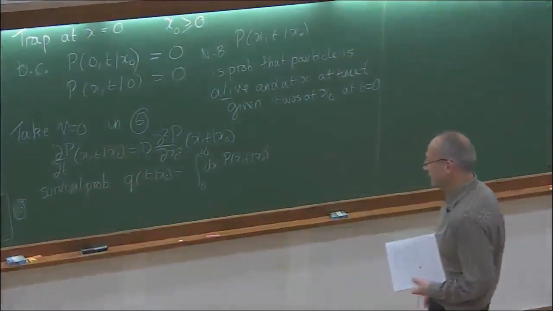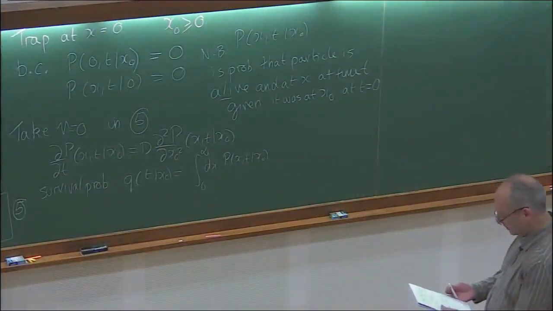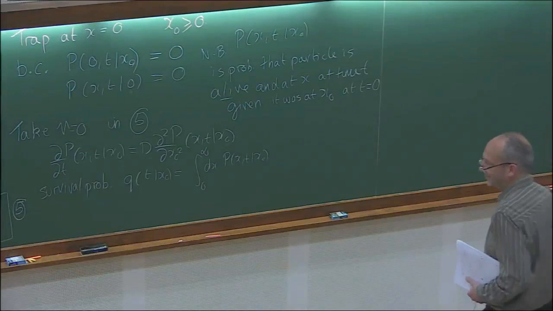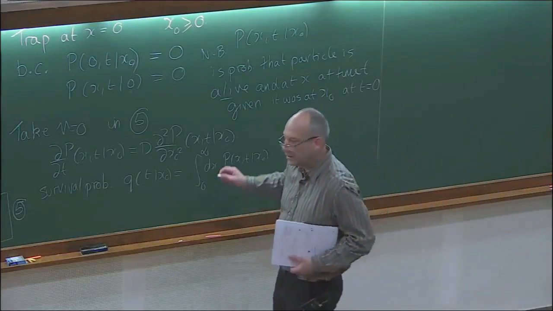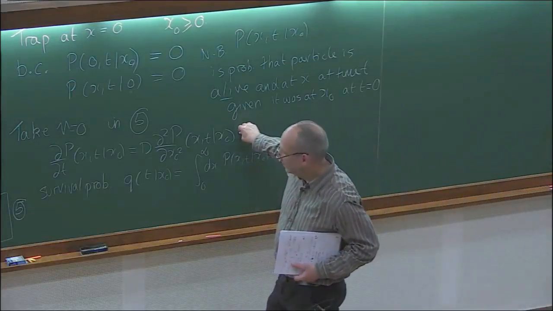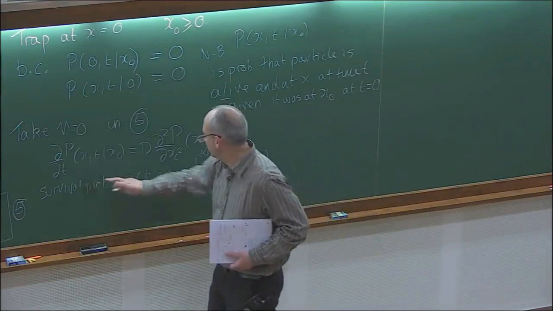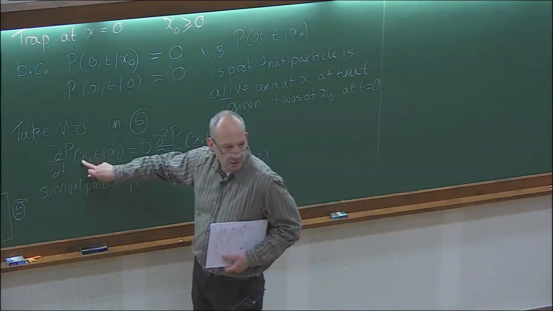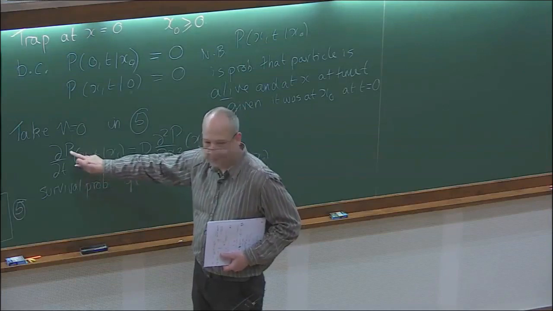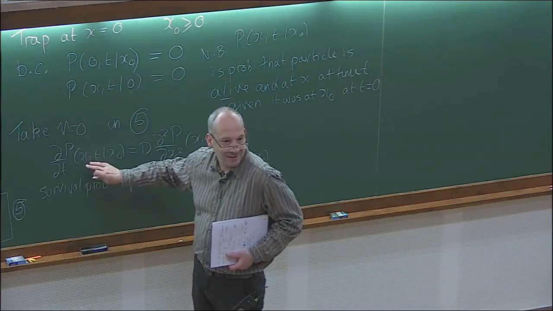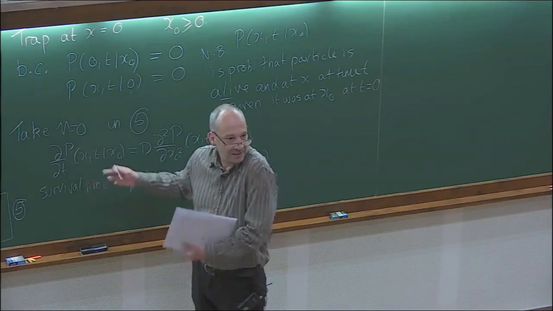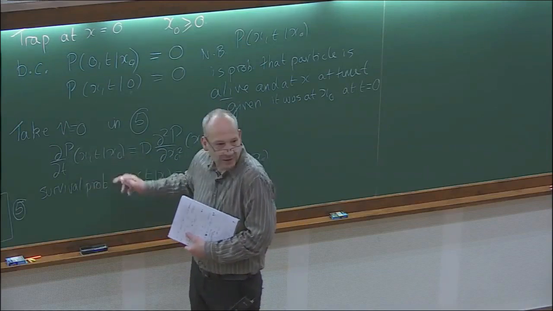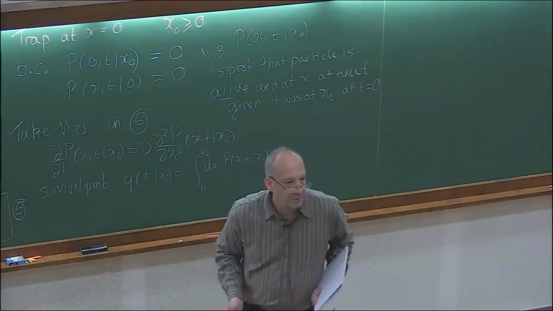So the nice thing is, and now you'll see why I use the backward equation, because this variable here is x naught, I can just integrate over x. And so the p just becomes q. So the q obeys exactly the same equation, this backward equation. So that's the magic with the backward equation.